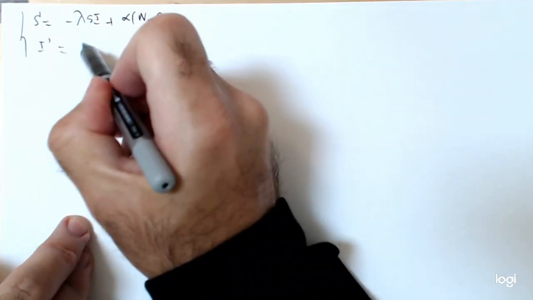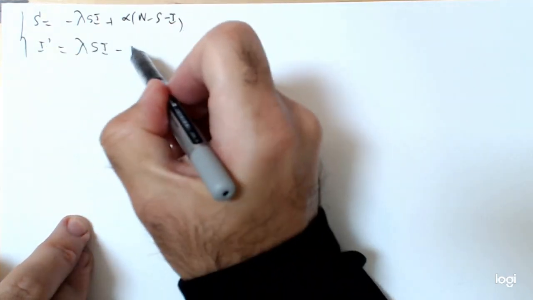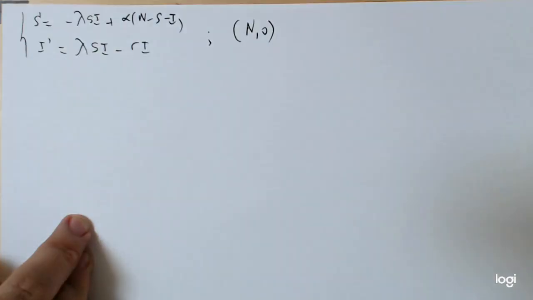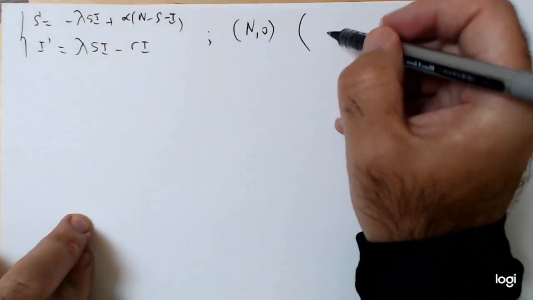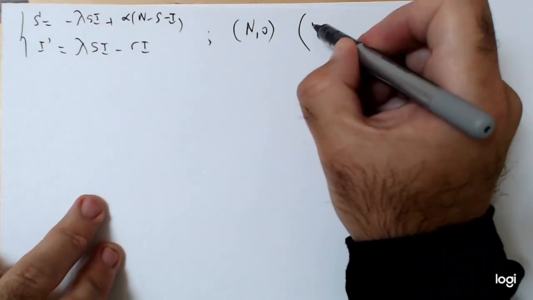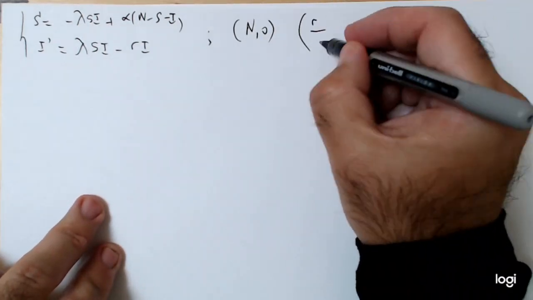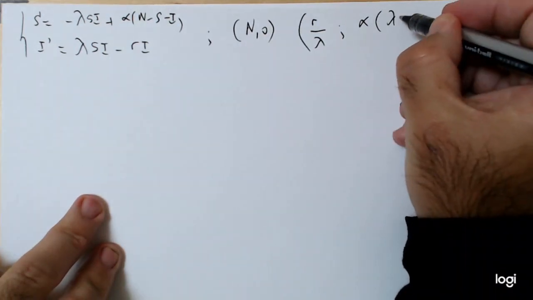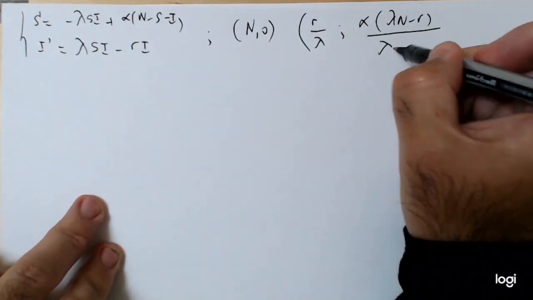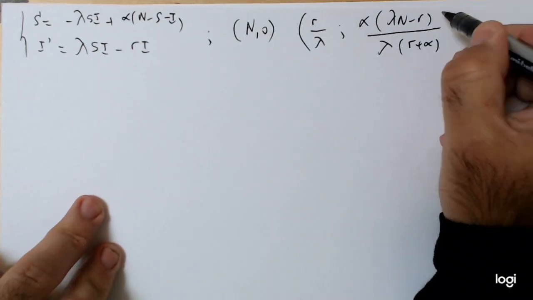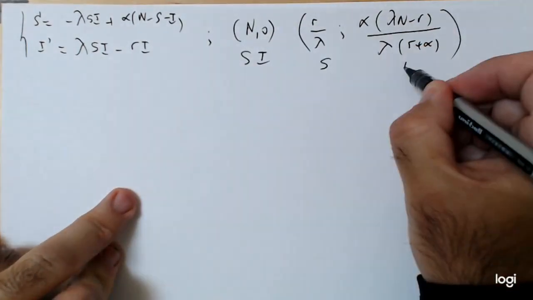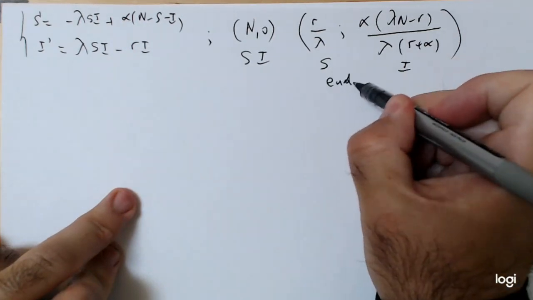And the equilibrium values that we just found: the disease-free state (N, 0), and the other one, which is going to be called the endemic state. So S was R over lambda, remember? And I is alpha times (lambda N minus R) over lambda times (R plus alpha). The endemic state.